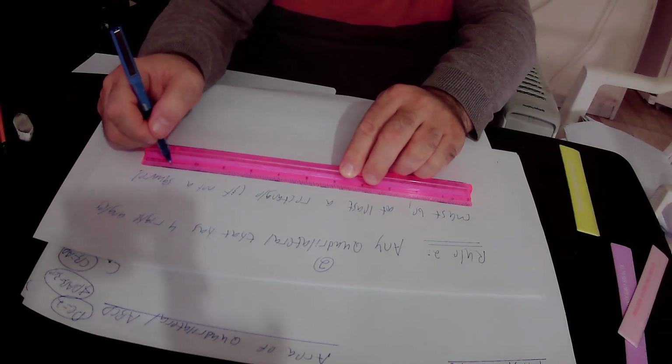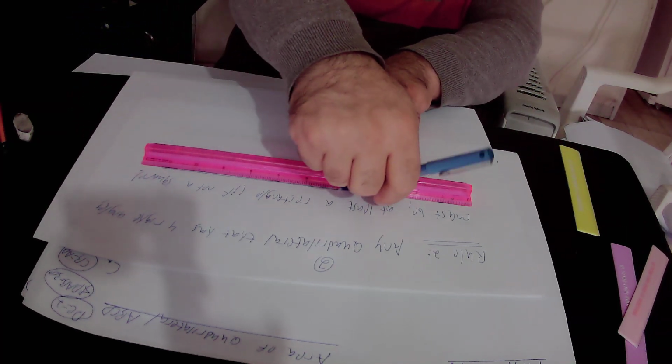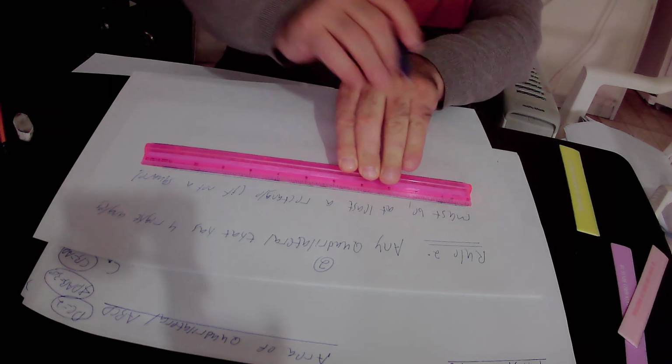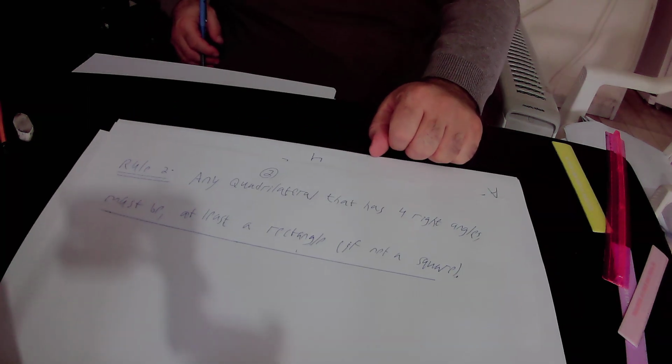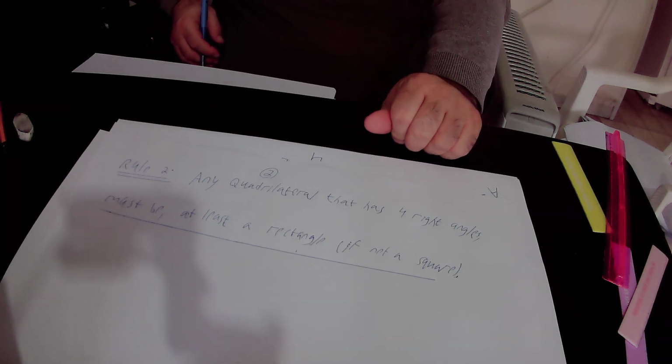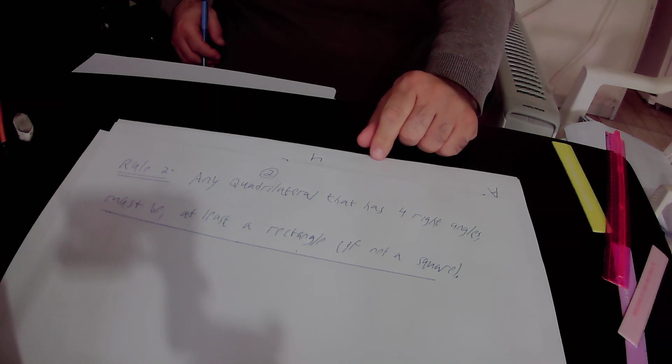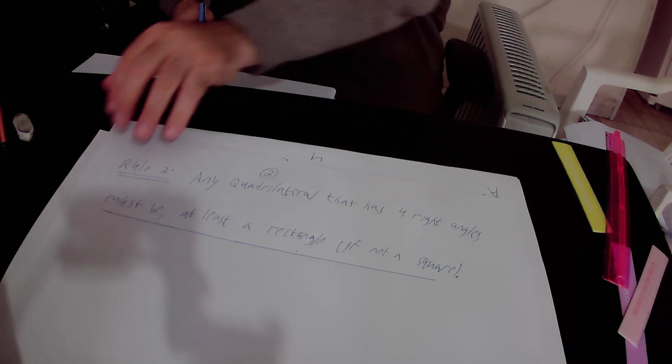So I will read rule number 2 again. According to rule number 2, any quadrilateral that has four right angles must be at least a rectangle, if not a square.